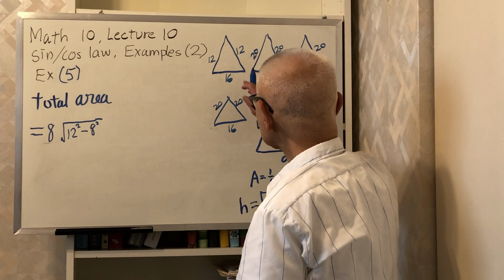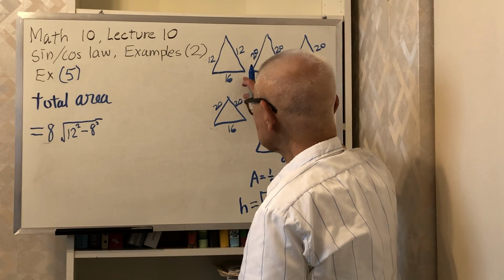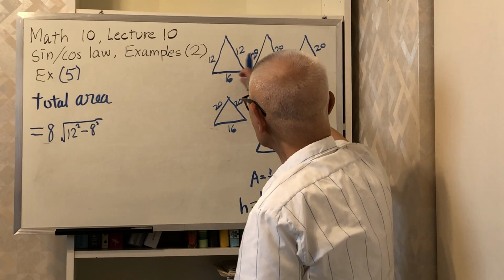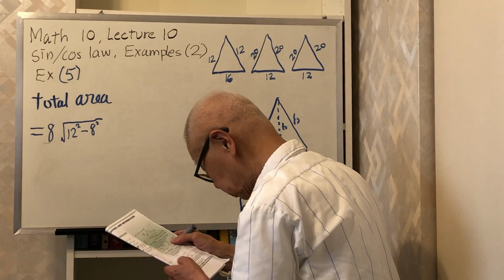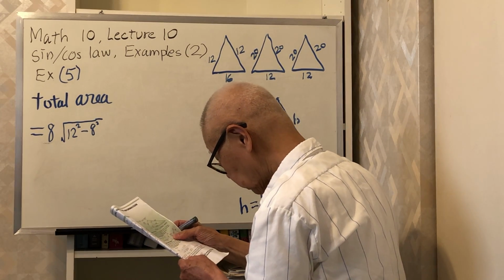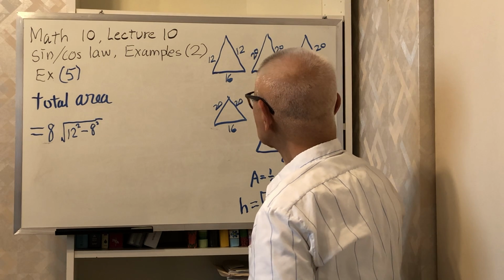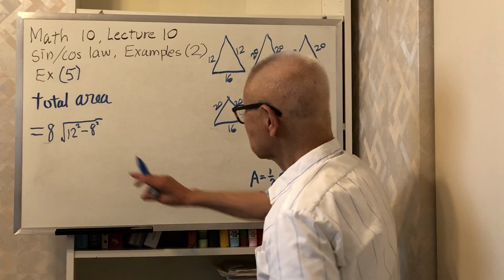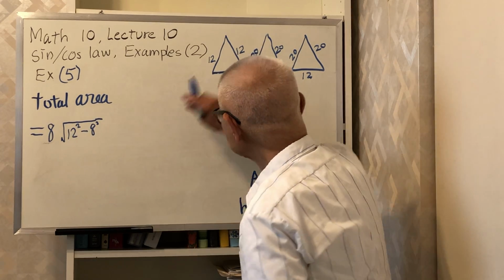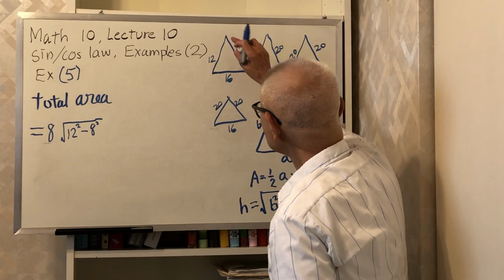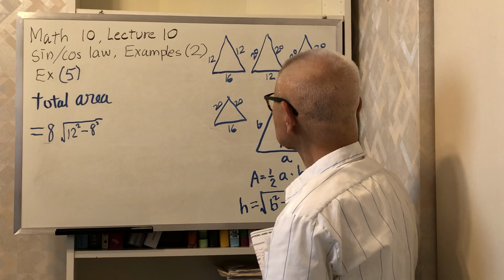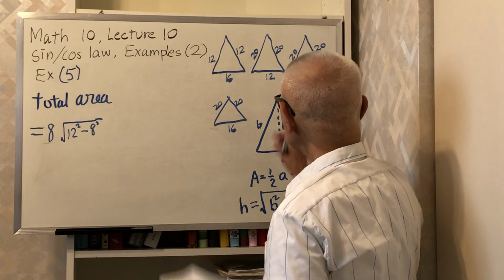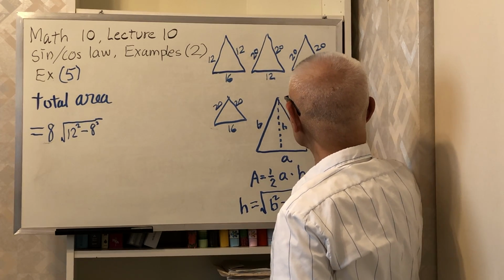Do you see that? This is the area of the whole triangle. This is the area of this triangle. And the area of this triangle is equal to this triangle.